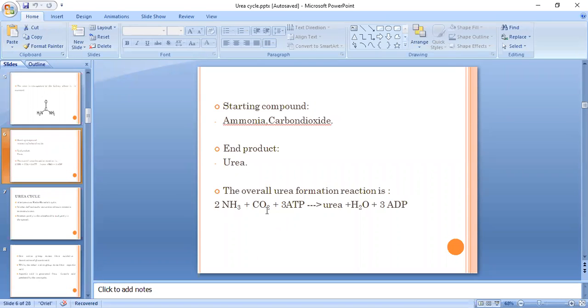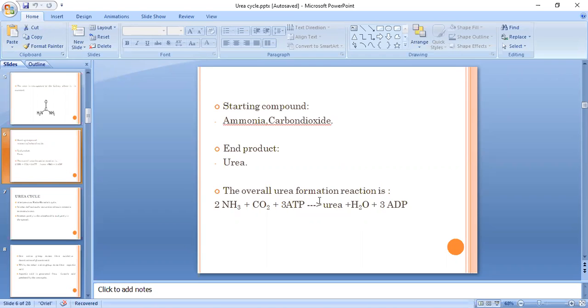For the reaction, you require energy in the form of ATP. It requires three molecules of ATP, and it gets converted into urea, the end product. Along with urea, there is liberation of a water molecule and ADP.